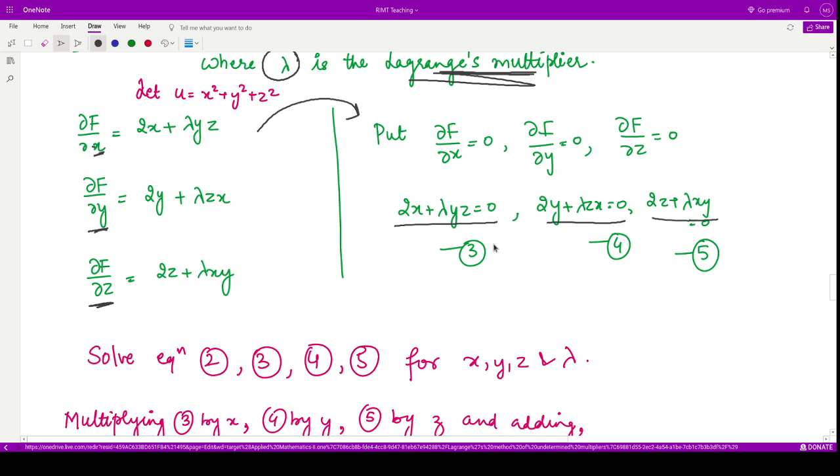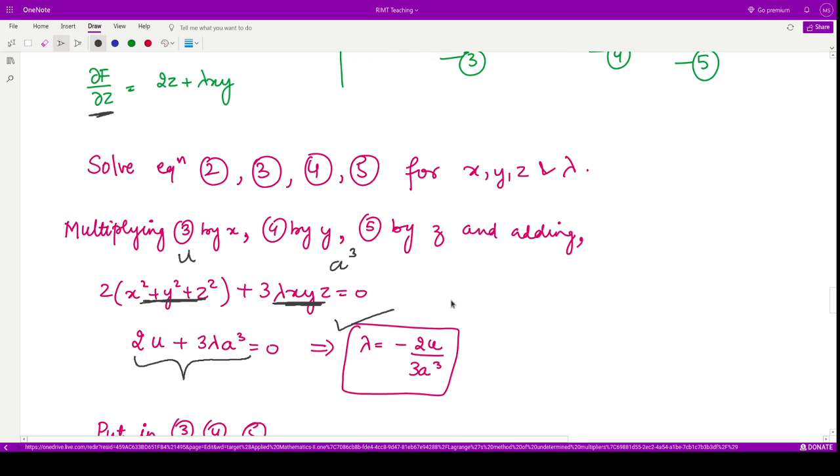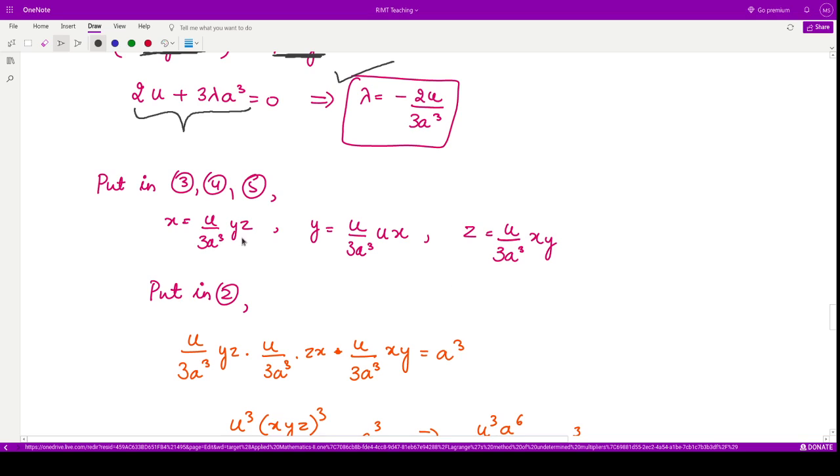Once you do that, you have x is equal to u by 3a cube yz, y is equal to u by 3a cube zx, and z is equal to u by 3a cube xy.